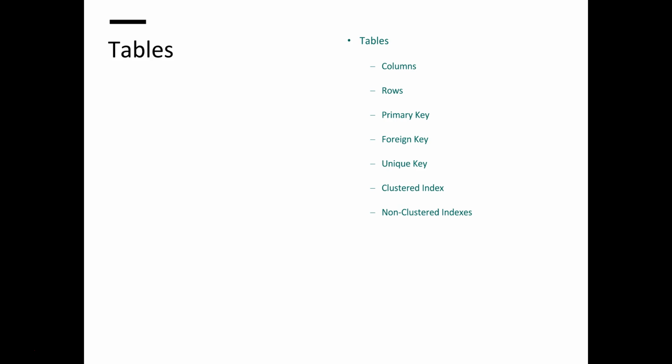Most applications require non-clustered indexes for performance reasons. A table can have more than one non-clustered index, but it can have only one clustered index. So a non-clustered index is a logical index, and a clustered index is a physical index. You have to remember that.